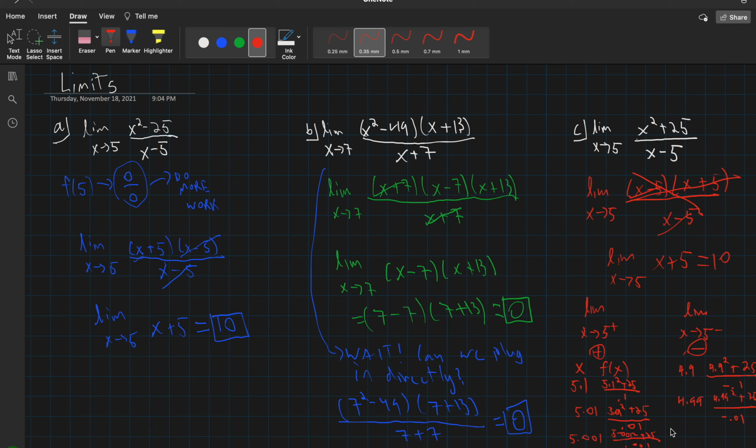So that means from the left, we're actually approaching negative infinity. So limit of f of x from the right is equal to infinity. Limit of f of x as x approaches 5 from the left is equal to negative infinity. So because we don't even agree on our direction here, we would then conclude that this limit does not exist.